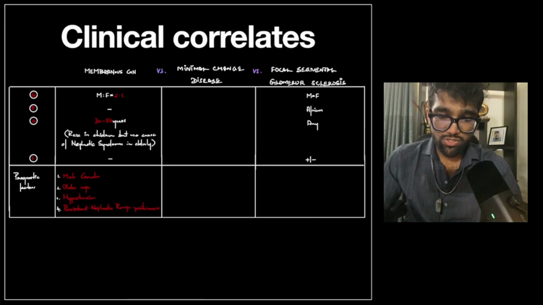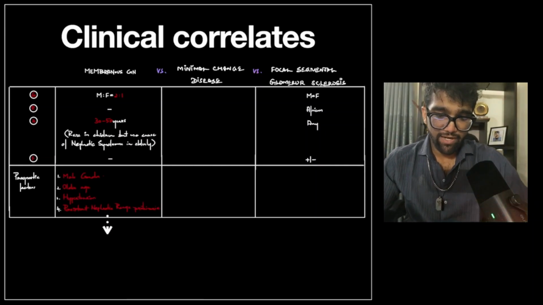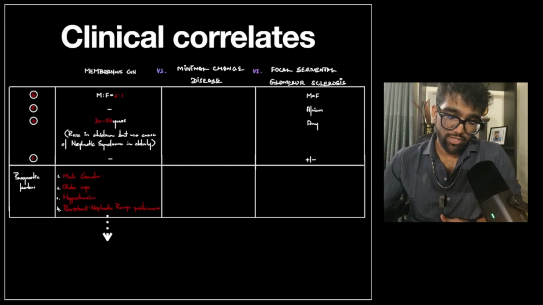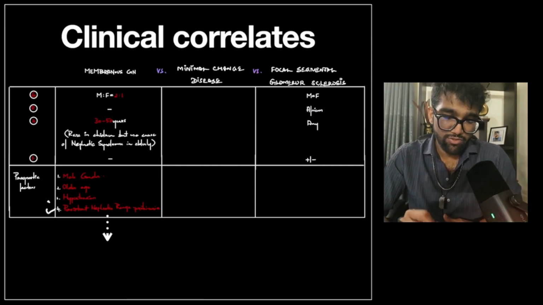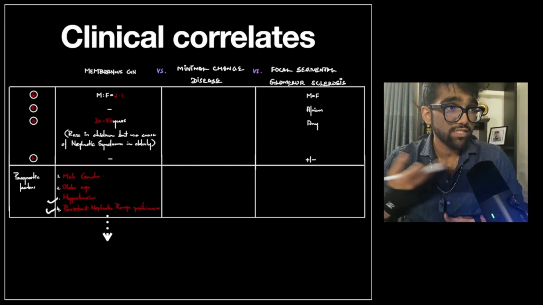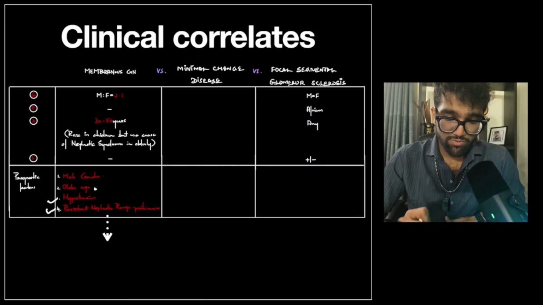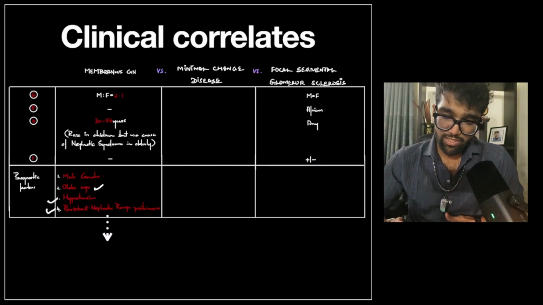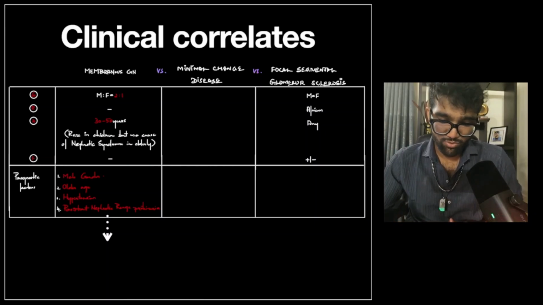Now, poor prognostic findings that have been clearly defined in membranous GN include the male gender, older patients, hypertension, and persistent nephrotic range proteinuria. These two indicate progression to FSGS and CKD. Older age would imply that there is a possible underlying malignancy, so poor prognosis, and male gender is just otherwise associated.